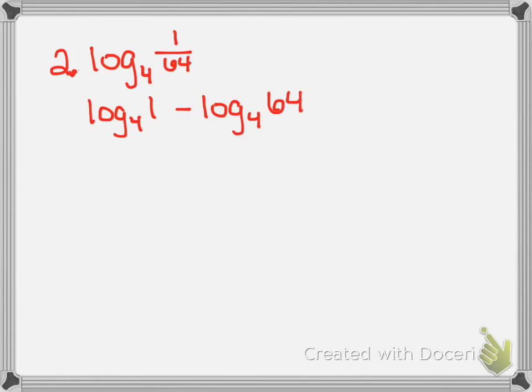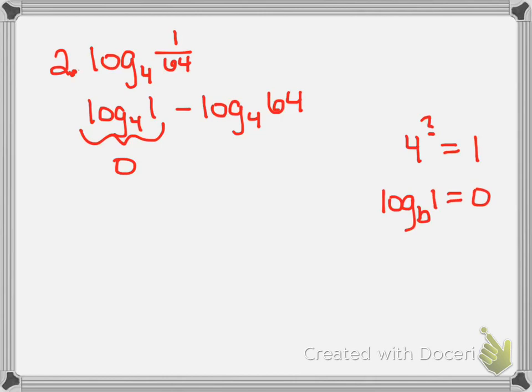And now we can just evaluate each log separately because log base 4 of 1 is 0. Because remember what question that log is asking you. It's asking you 4 to what power is 1. And so one of the log properties we talked about before spring break said log base b of 1 is always 0.